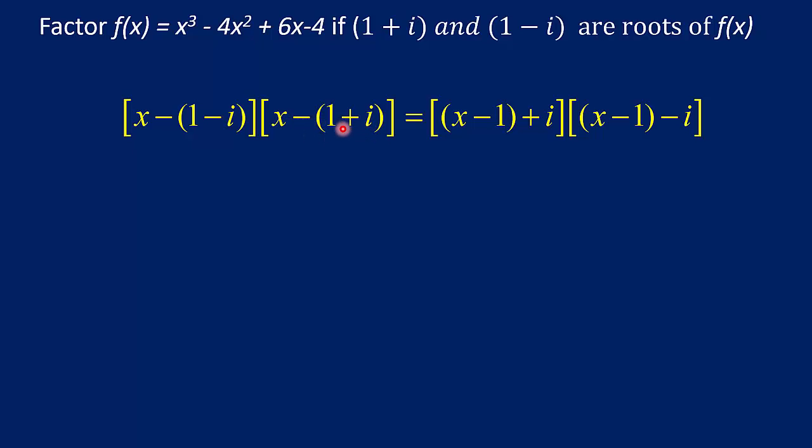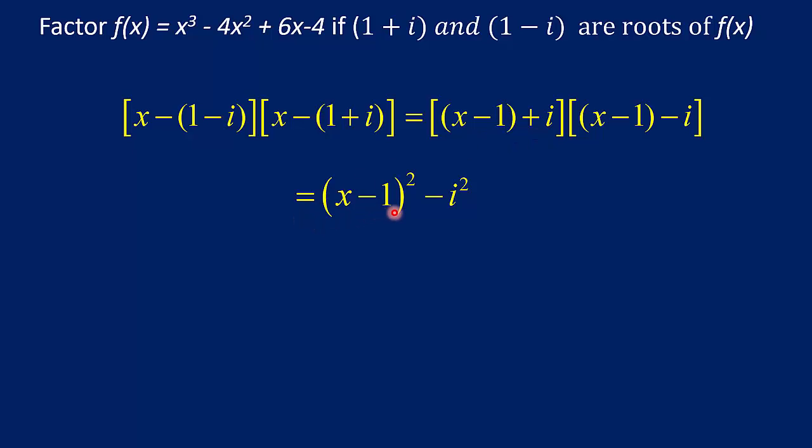See, that distributes through there. And now I have, look, a plus b times a minus b. We know what a plus b times a minus b is. It's a squared minus b squared. So I have the first squared minus the second squared. So this is a real quick way to do the multiplication.